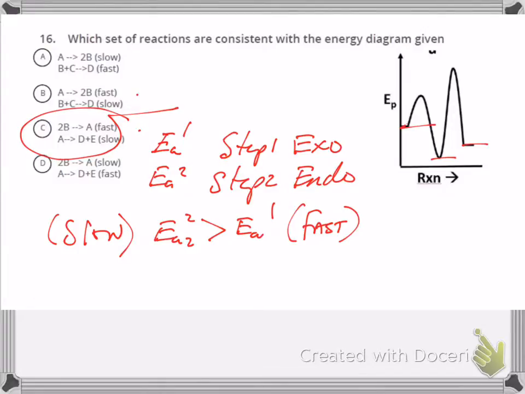And in the second step, A breaking apart into 2 makes it endothermic. So we would say that the best answer here would be C. It has the right activation energy ordering, and it has the right potential energy ordering. So just make sure that you pay very careful attention to the formulas in terms of assigning the mechanism.